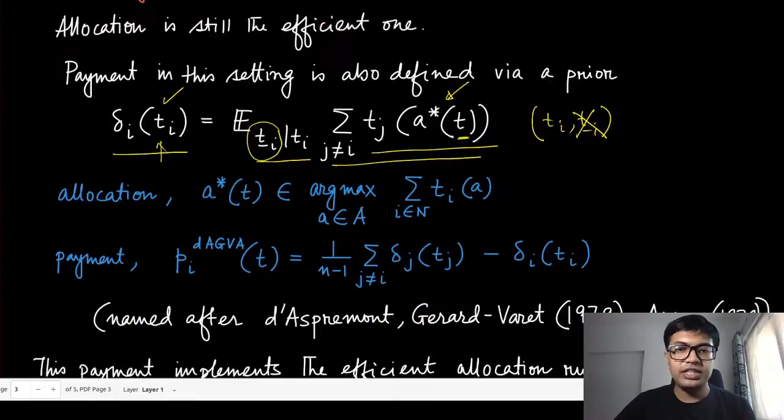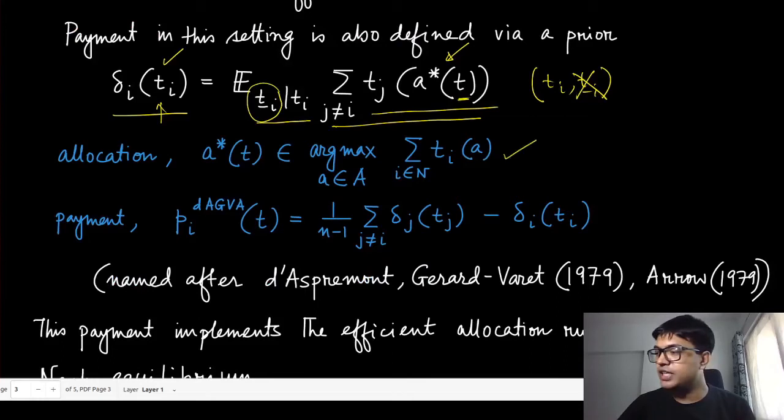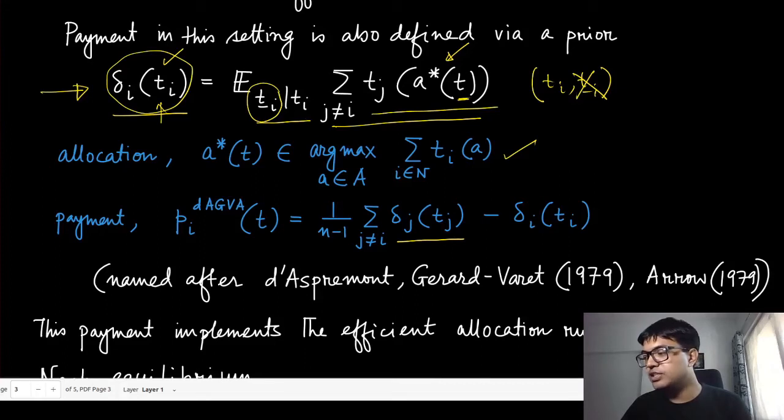So the allocation, as before, remains the efficient allocation, but the payment with this definition of delta i Ti is modified in the following way. We have used this delta i Ti just to define how we are going to calculate the payment under this new mechanism.